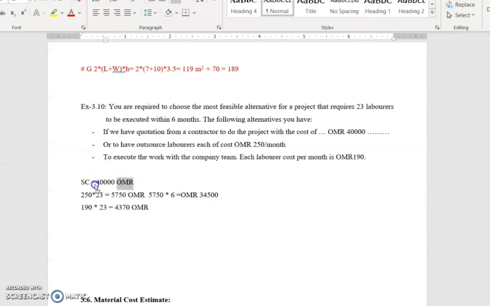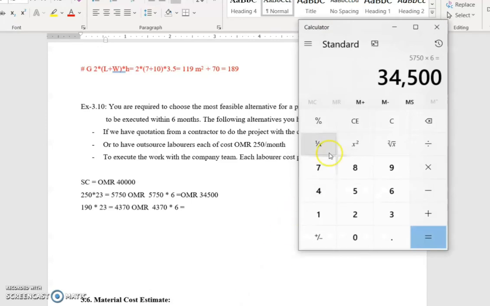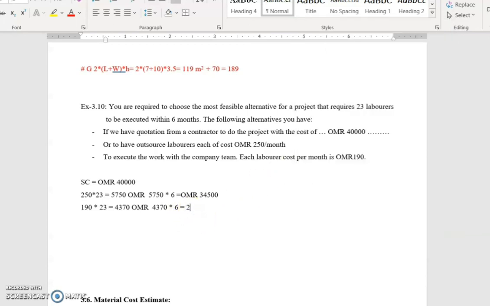And the other option is that we execute the work with our company team. Each labor cost per month is 190 into 23, then 4370 into 6 equals 26,000 riyals.